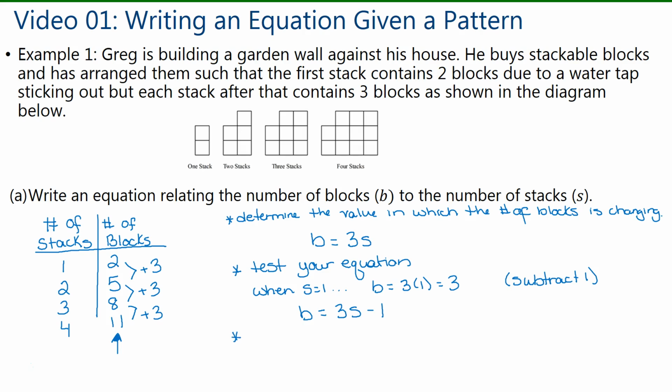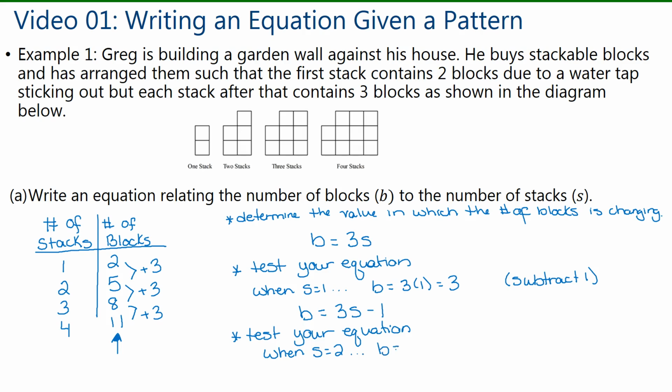So I'm now going to say that my equation is 3S take away 1. But now that I have a new equation, I'm going to have to test this equation again. This time I'm going to replace S with 2 to see if I get 5.